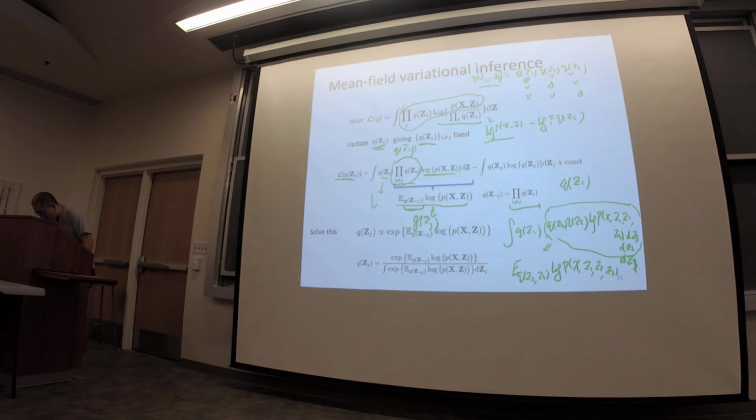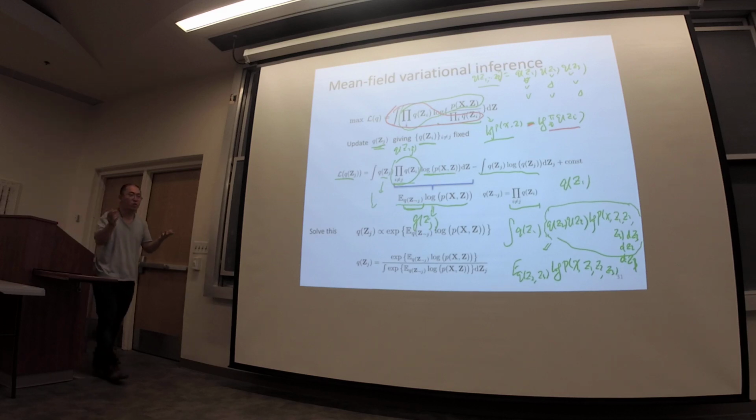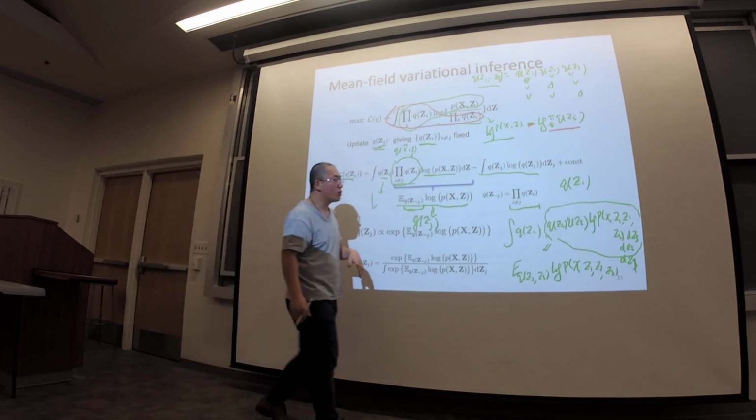Let us look at the second part. Remember, when we take the log of the fraction, we can write it as the log joint probability subtracted by the log of the product of these posteriors. The second part will be the integral of this. Remember, we only care about Q of Zj. So the logarithm of Q(Z1), Q(Z2) to Q(Zj minus 1), and those terms irrelevant to Q(Zj) can be thrown out.